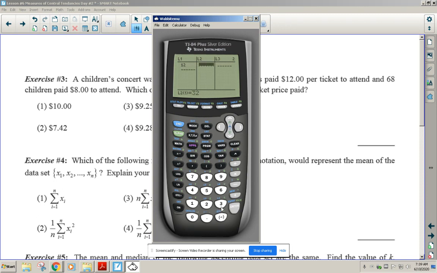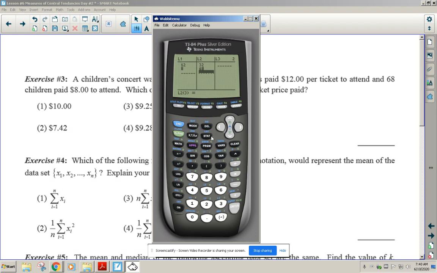So 32 people paid for an adult ticket. So the $12 had to come first. So that took a little bit of thought. And the other interval is the $8 ticket, and that's going to go with the 68 kids. So the frequencies were how many people bought these particular tickets.